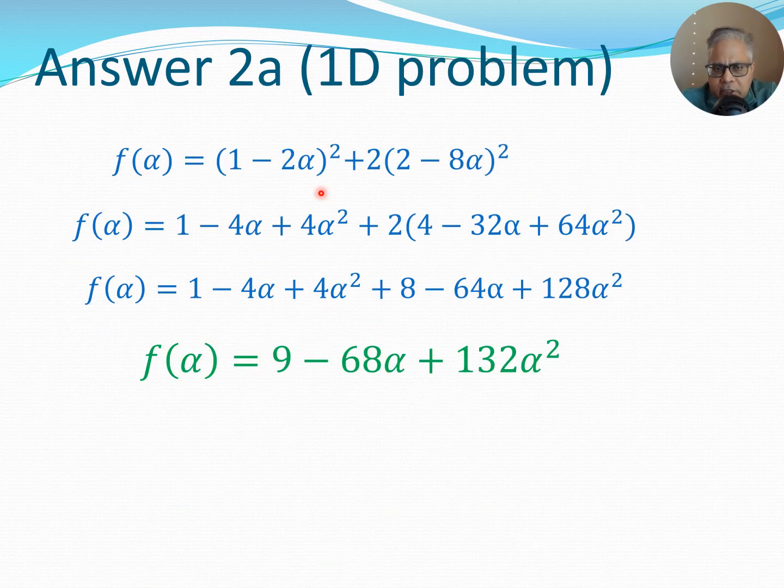But let's try to slightly simplify this problem. What I have done is dropped the k value, and that is often done because we know at a current point that we are at a particular iteration k. So we can simply write this as alpha, and this is the function here. I expand these two squares out, so I get these terms here, and then I do some further simplification.